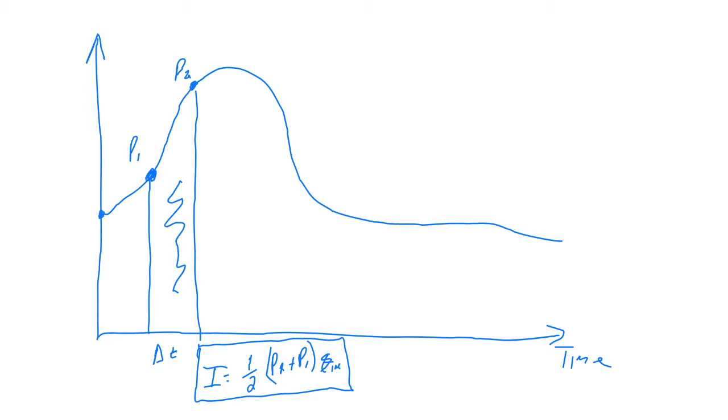Okay, but if we're going to do derivative, a derivative is looking at how fast the system is changing.